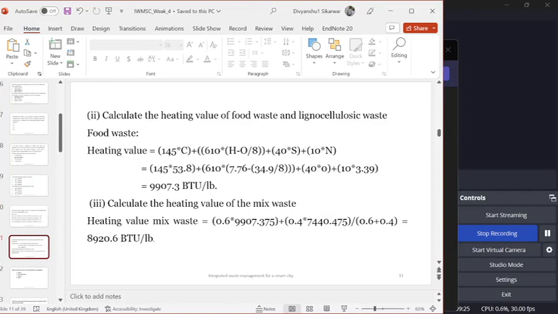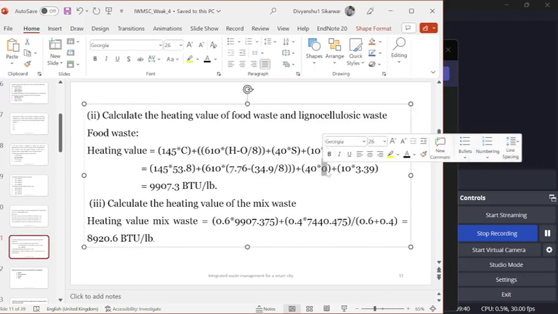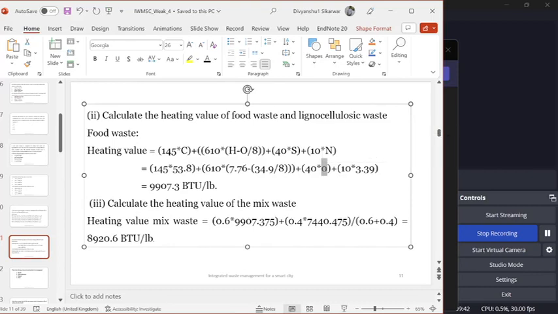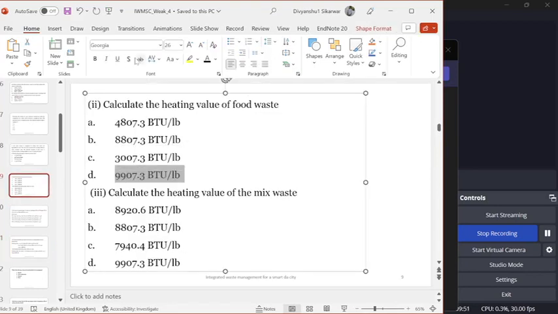For the second part, use the basic formula. If we place all the values, there is no sulfur, so the percentage of sulfur is 0, and the other values we have calculated. If you put in all the values, you will get 9907.3 BTU per pound. So for this question, D is the correct answer.